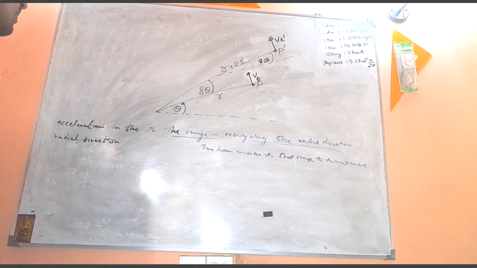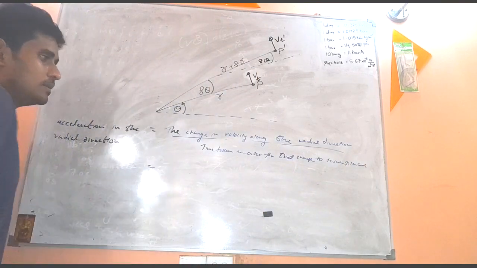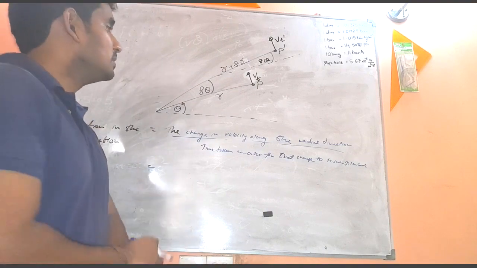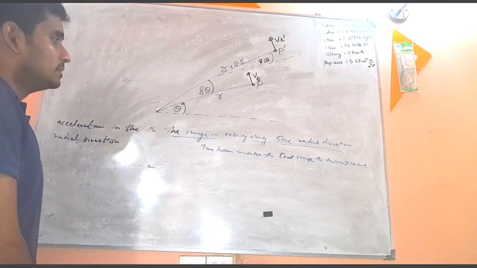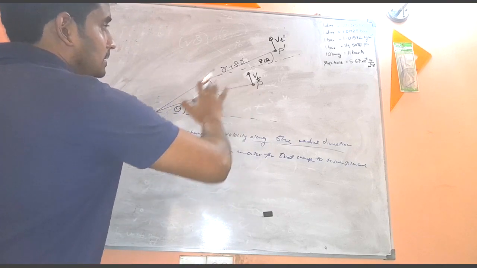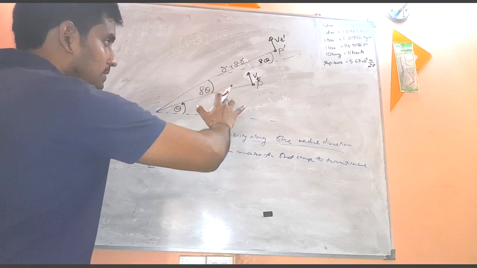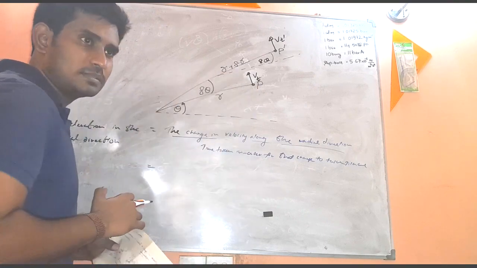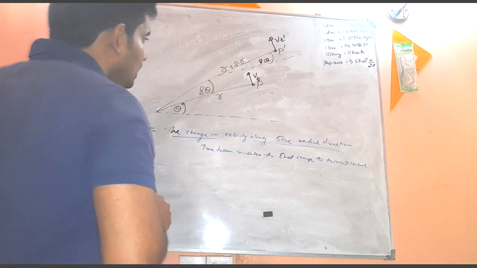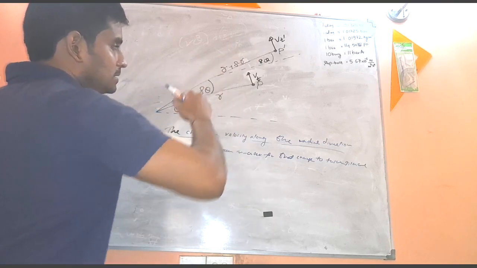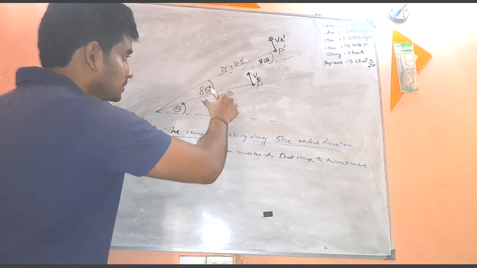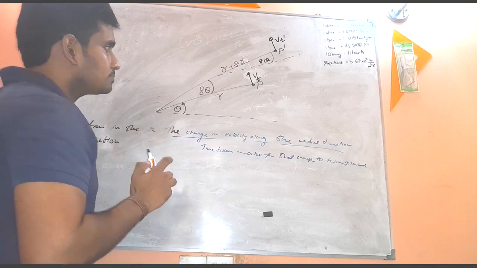Okay, so now here you have to be very careful when you are taking the components, right? So now let's see how to take that. Now what is this r? That is the original displacement, right? And this is the final position, and the final position is making an inclination of delta theta with respect to the original position, right?